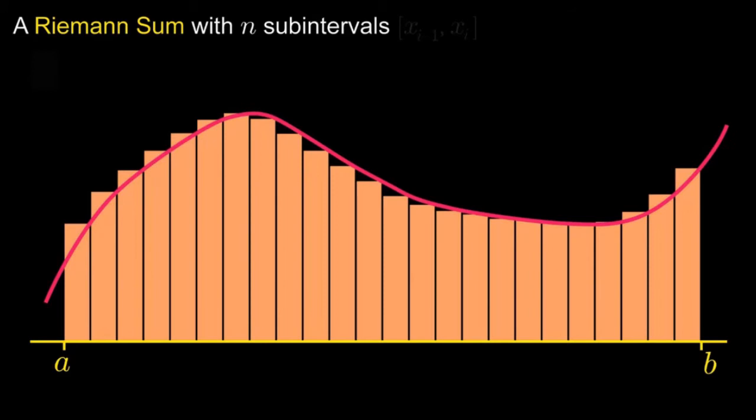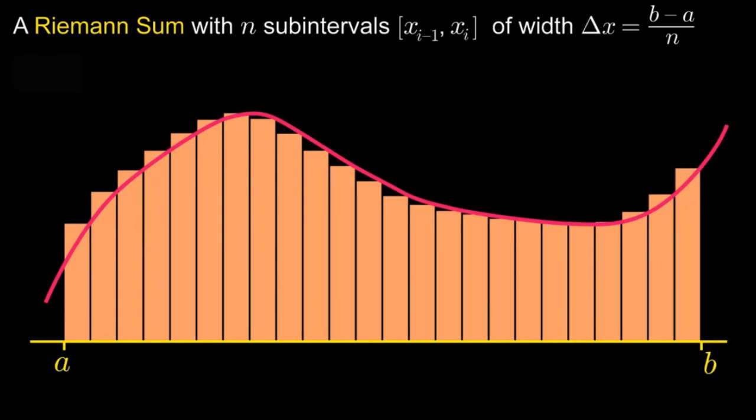Here we'll consider a Riemann sum with n subintervals. And as before, we divide the entire interval [a, b] into n subintervals of equal width, which is delta x. That's equal to the entire width, b minus a, divided by n. And I will name the points where the interval gets divided up.